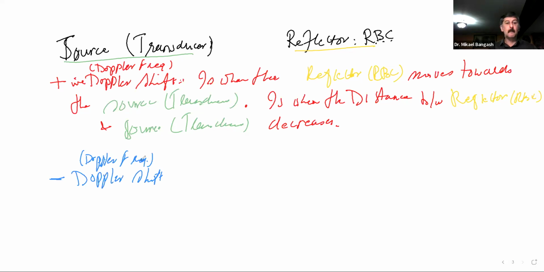But when is it that we have a negative Doppler frequency or a negative Doppler shift?